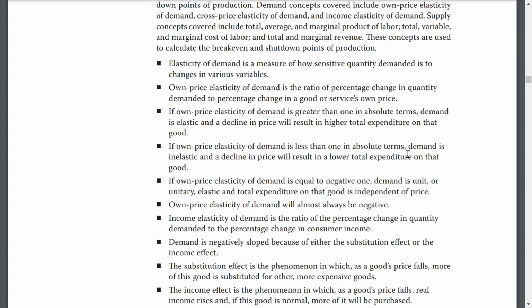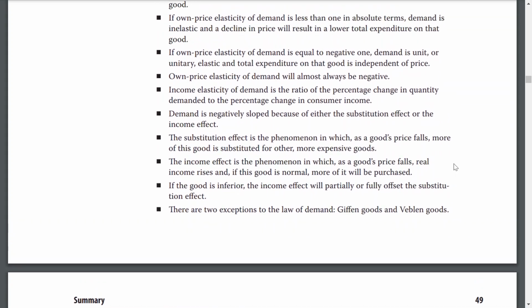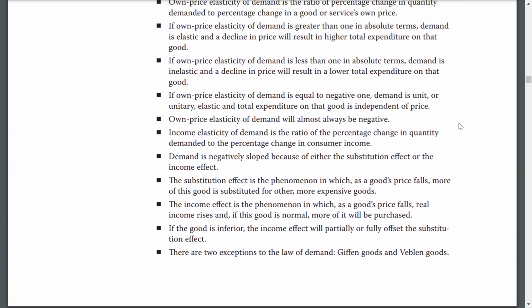If own price elasticity of demand is less than 1 in absolute terms, demand is inelastic, and a decline in price will result in lower total expenditure on the good. If own price elasticity of demand is equal to -1, demand is unit elastic, and the total expenditure on the good is independent of price. Own price elasticity of demand will almost always be negative.